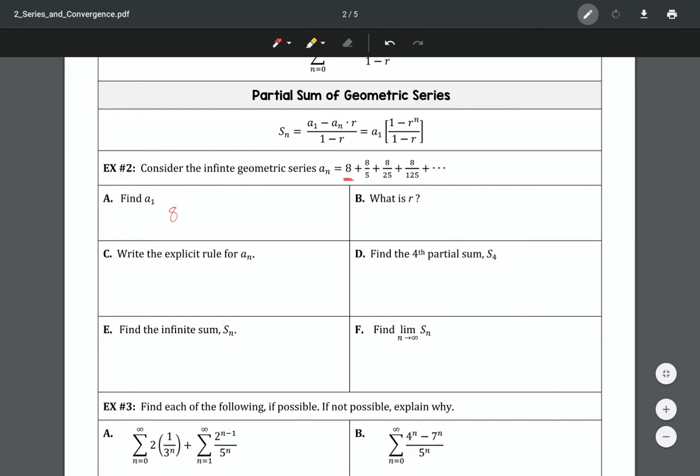Now, r is going to take a little bit of work on your part to figure out. Think about it: A of 2 is 8 over 5. So r is going to be 1 over 5. And hopefully you can see, when I write the explicit rule for A of n, how I found that.